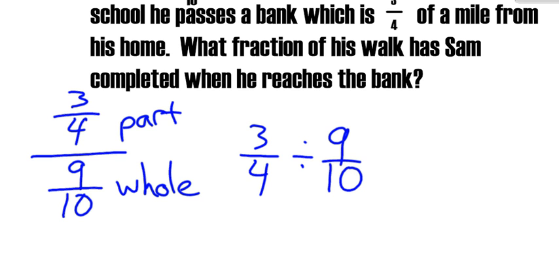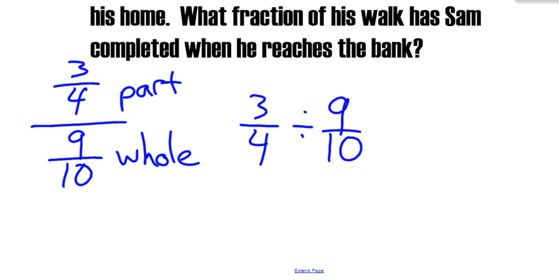And from here, now that we understand how this works, now I know how to solve for this, because I'm going to take 3/4 and I'm going to multiply by the reciprocal, which of course is 10 over 9. Now I could solve this problem real fast, but hey, wait a minute, didn't we just learn something about reducing before multiplying? Check this out, right?